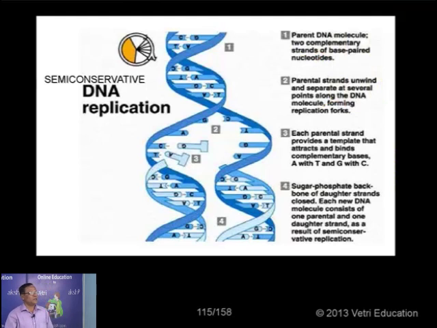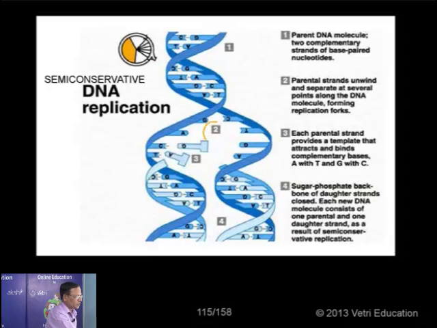Now here, this point 1 indicates the parental strands, the parent DNA molecule we can see. There are two complementary strands, 1 and 2, as I mentioned. These two strands are base paired, A with T and G with C. So what will happen during the replication process? The two parental strands separate.